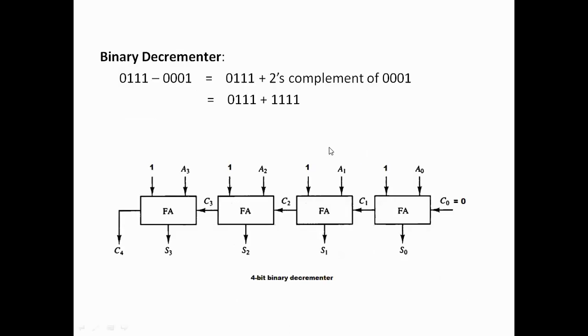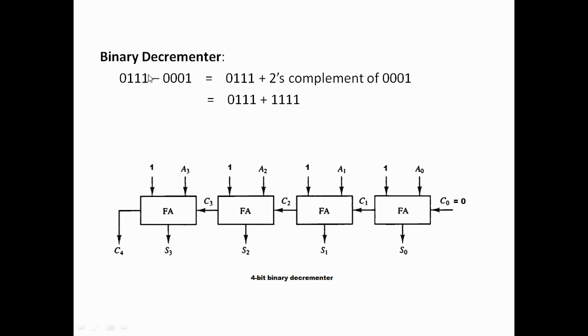Now let us say I have to create a binary decrementer. So again, we know what a decrementer is. It is subtracting 1. But what is easier is that instead of subtracting, we convert the subtraction into addition. For example, if I have this binary number, and I have to subtract 1 from this.